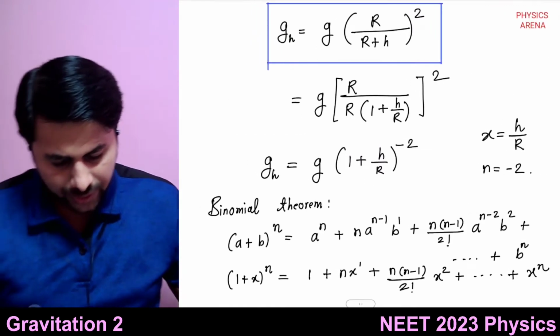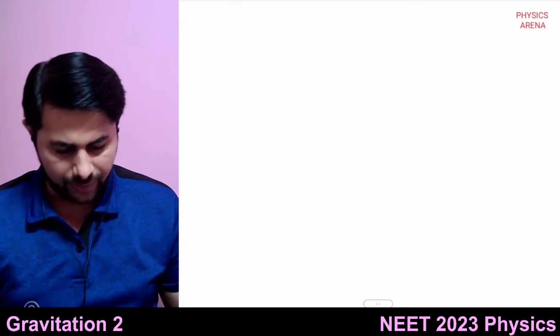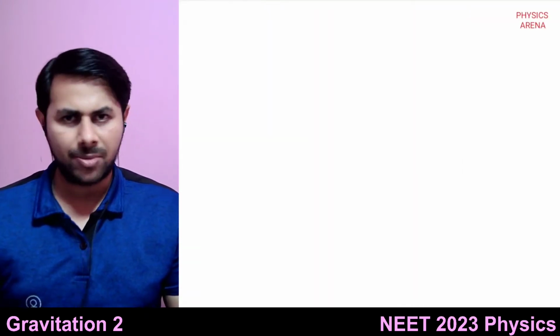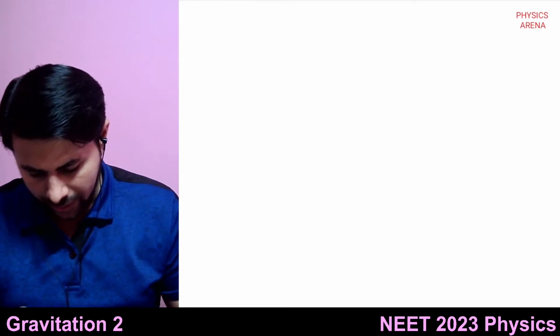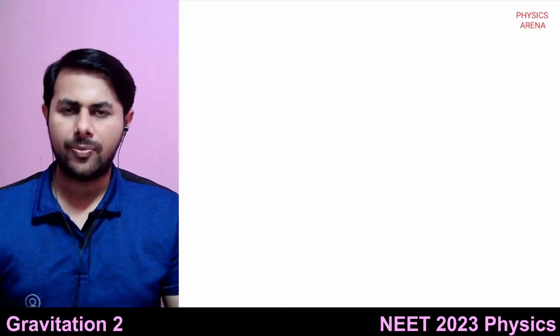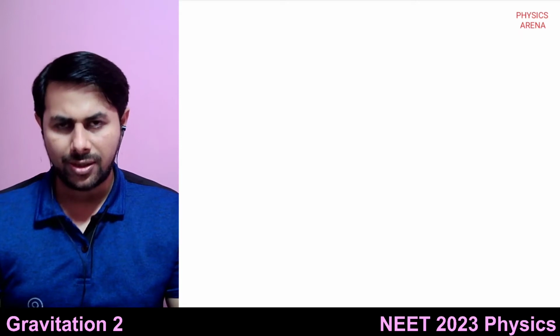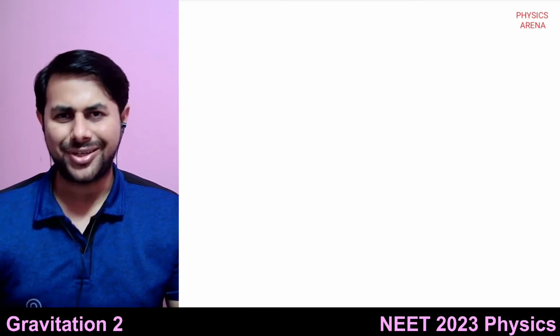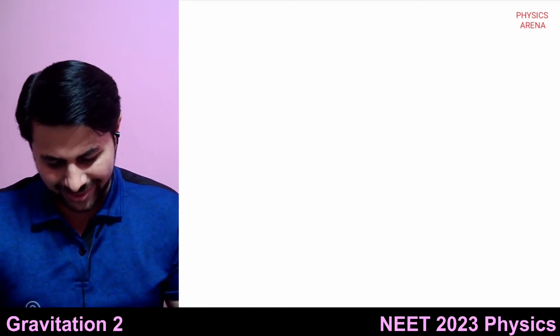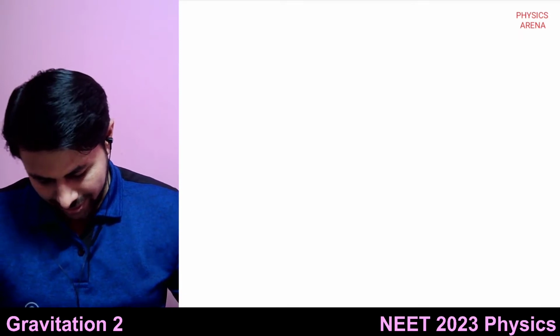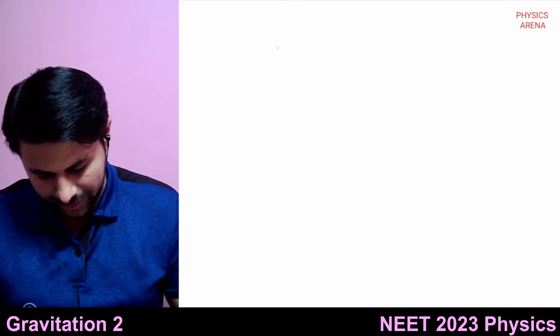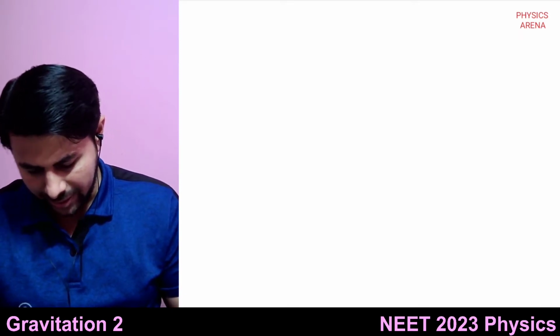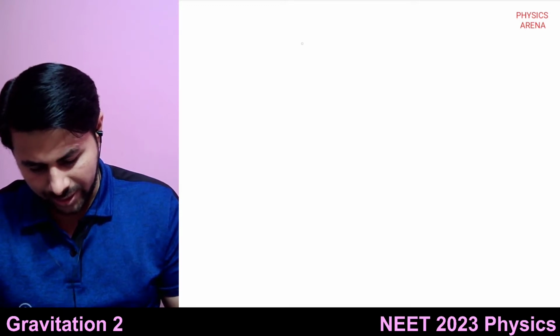So we found acceleration due to gravity at height h above the Earth's surface. Now we'll find out the formula for acceleration due to gravity at depth d below the Earth's surface. So we found an expression above the Earth's surface.